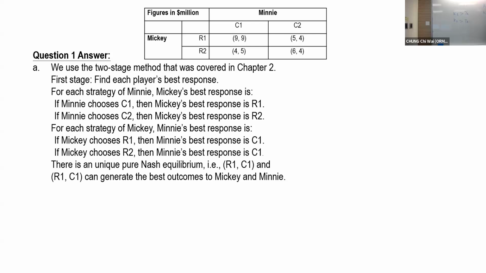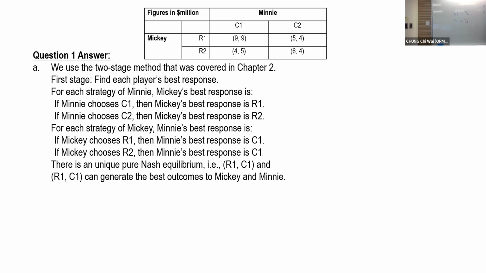So the best response of Mickey to the decision of C2 is R2. So obviously, Mickey does not have a dominant strategy. Whether to choose R1 or R2 depends on Minnie's choice.